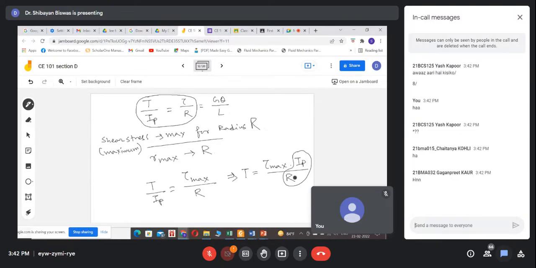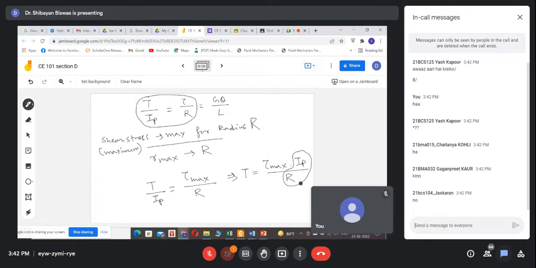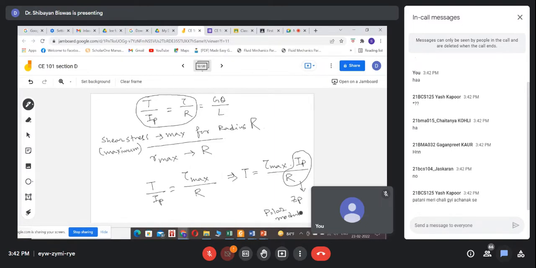So here also another terminology can be introduced which comprises this IP and R, and it can be written as ZP, or polar modulus. So this T can be written as tau max into IP by R. This IP upon R can be written as polar modulus, or ZP.